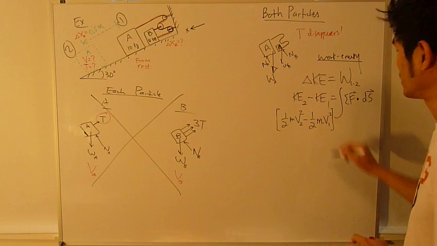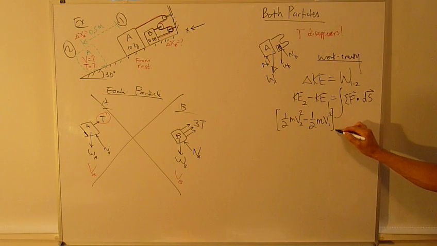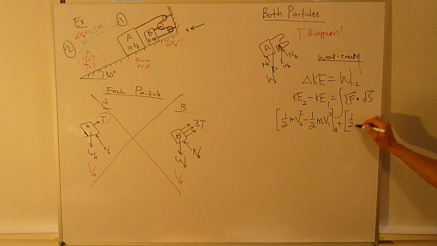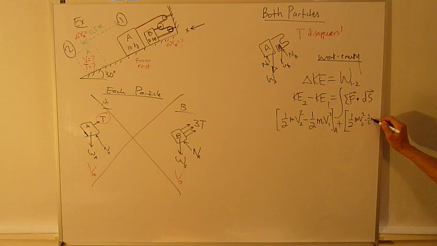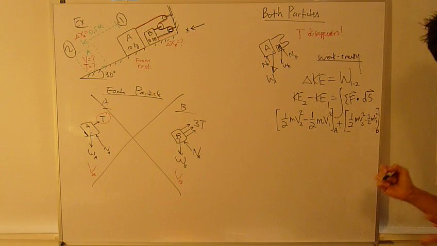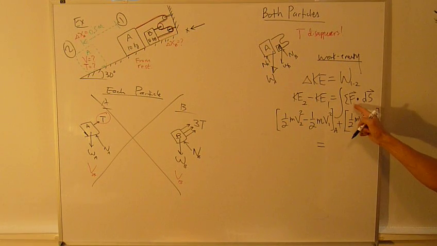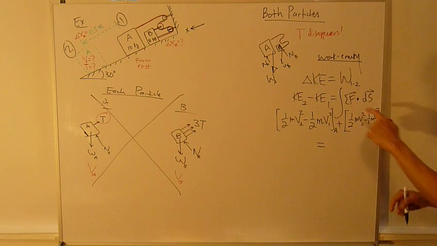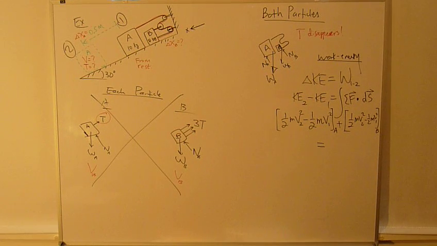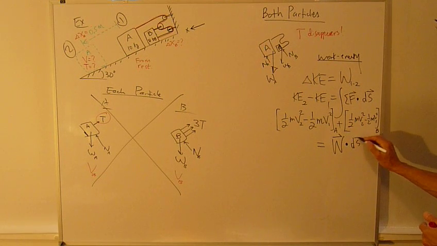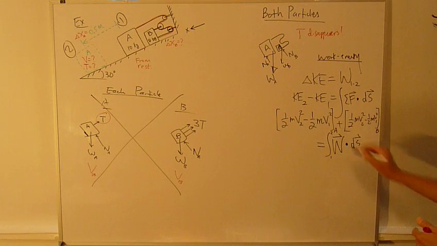This is the change in kinetic energy of particle A plus the change in kinetic energy, 1/2 mv2 squared minus 1/2 mv1 squared, for particle B. You sum them up for the total. The right-hand side equals force. Keep in mind, these are the only forces that do work. In this case, it's my weight vector dotted with dr vector. So I'm going to keep it as this.